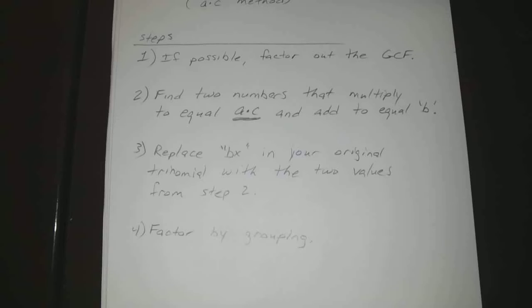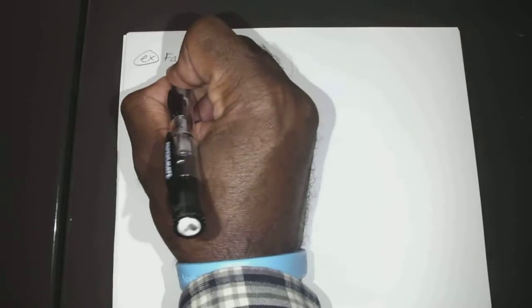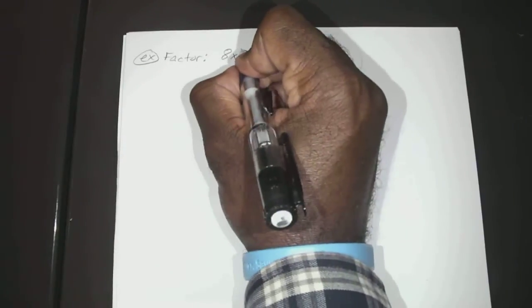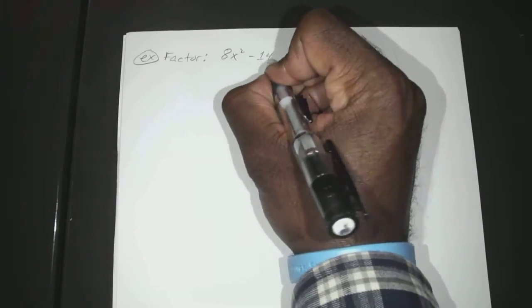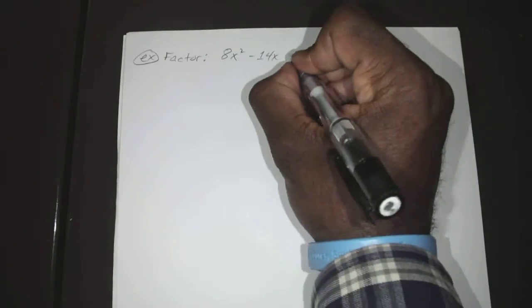Oops, I see a few people writing. All right. So let's say, for example, we wanted to factor 8x squared minus 14x plus 5.